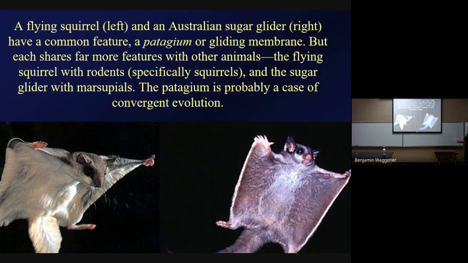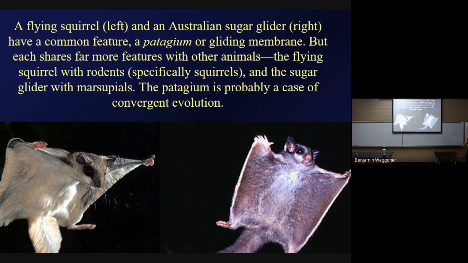The sugar glider shares a lot more features with possums and kangaroos, like giving birth to underdeveloped young and letting them mature in a pouch, the same way kangaroos and possums do. There are other features of the skull, the teeth, the pelvis, all kinds of anatomical features that the flying squirrel shares with rodents.